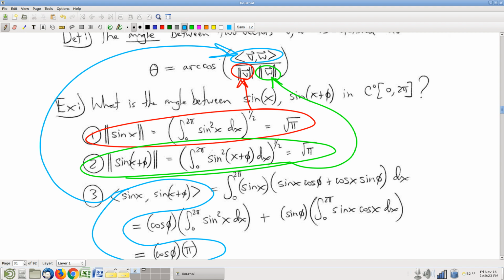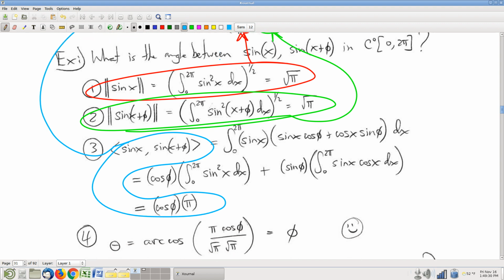That goes there, and altogether you just get cosine phi. All right, so the cancellation, this cancels with those. You have arc cosine of cosine phi, and so the final answer, I got ahead of myself there. The final answer is that the angle is phi.